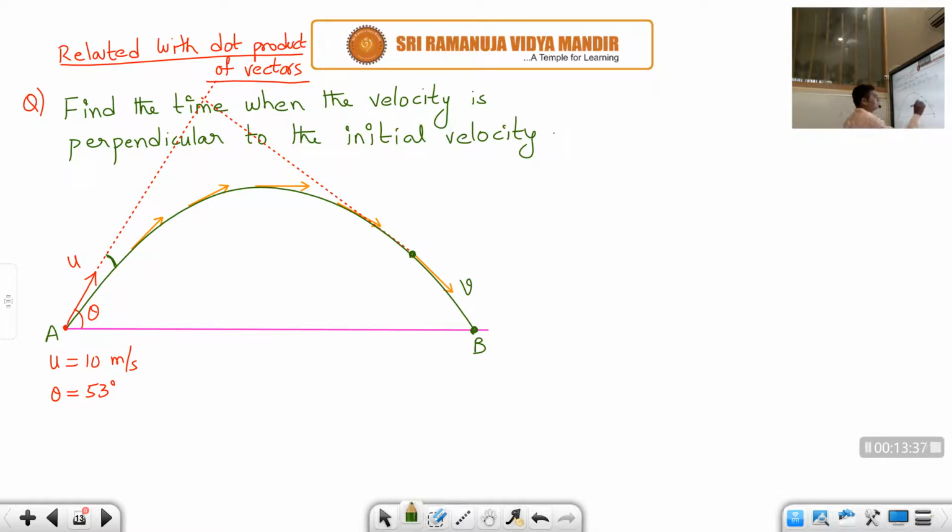Let us say this point is C. So as the ball is going on the path of projectile, there will be one point called C, where the velocity vector and the initial velocity vector are making an angle of 90 degrees. Please remember, students. So this angle is 90 degrees. Now the question is, find the time when the velocity is perpendicular to the initial velocity.